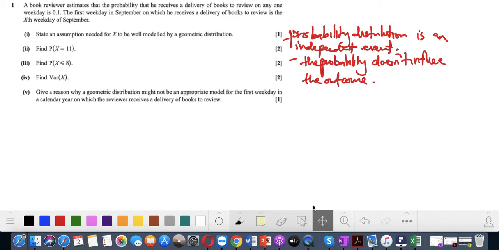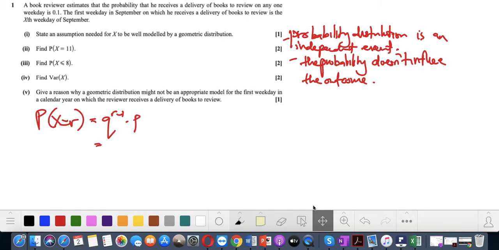So let's use the formula. Again, the formula is P(X = r) for a geometric distribution, which is q to the power of r minus 1, multiplied by p.